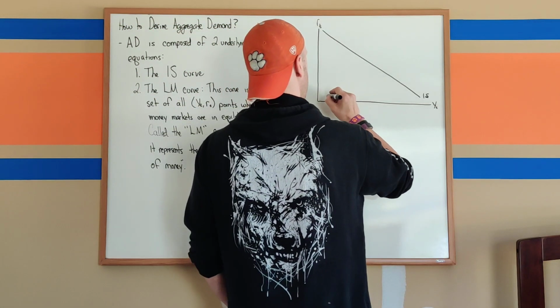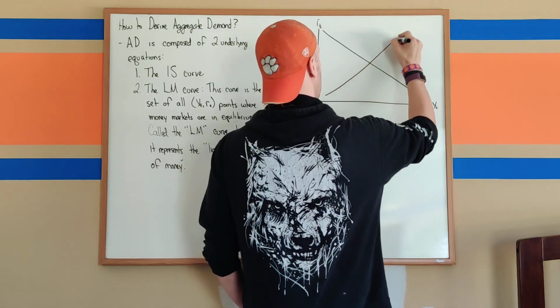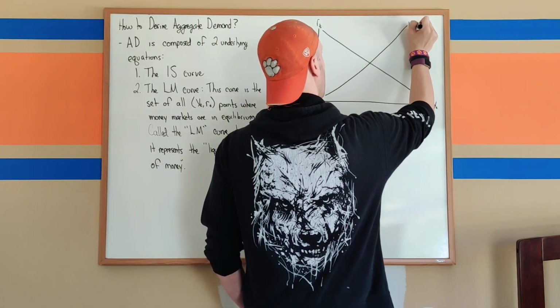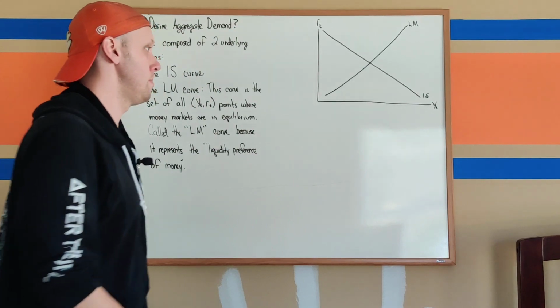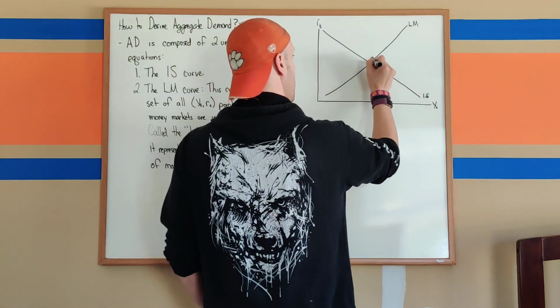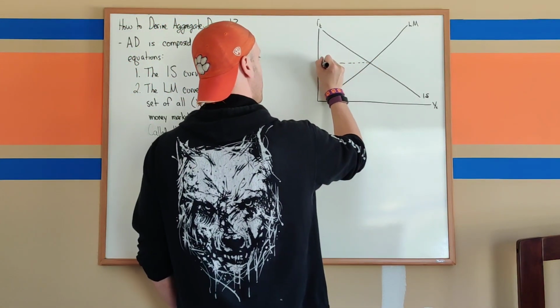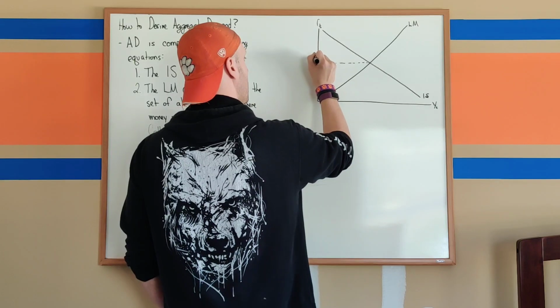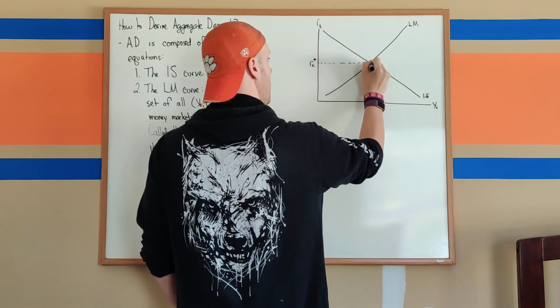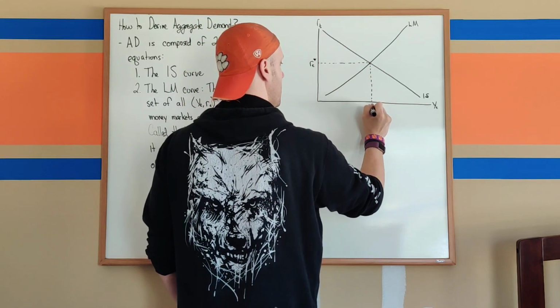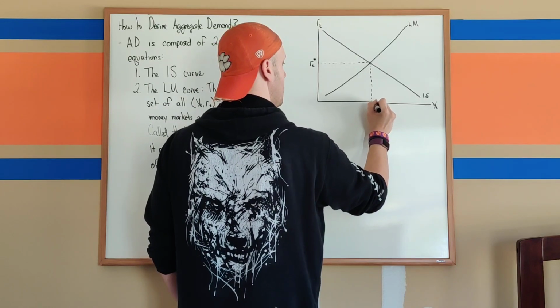So, you have this. Now where it clears, we get an equilibrium real interest rate, R star, and we have an equilibrium output, Y star.